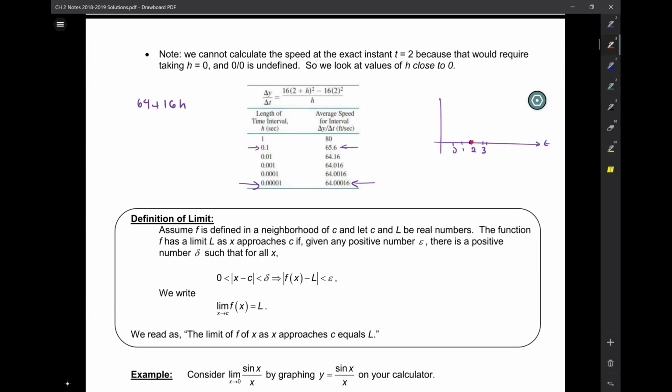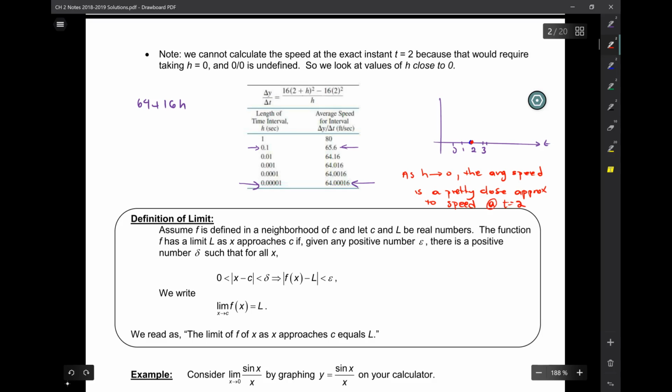Okay? So as h approaches 0, the average speed is a pretty close approximation to the speed at t equals 2.